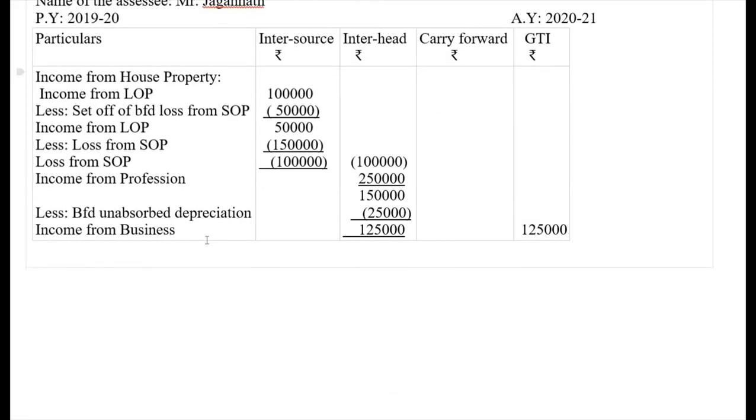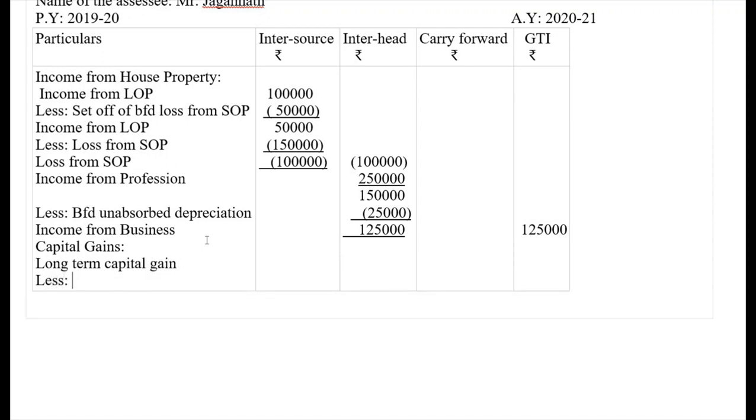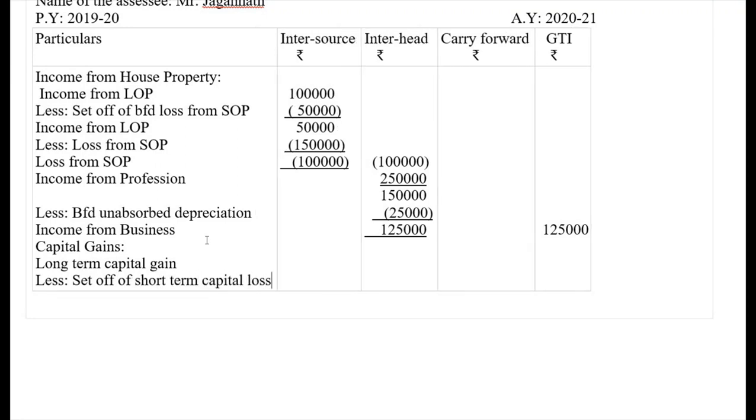Then the next one, capital gains. In case of capital gains, we have long-term capital gain of 20,000 and short-term capital loss which can be adjusted here. Long-term capital gain less set off of short-term capital loss.